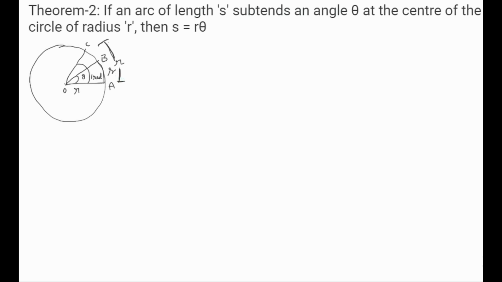So let us write this down. Angle AOB is equal to theta radians, and arc AB, the length of the arc AB, is equal to s, and the radius of the circle OA is equal to r.